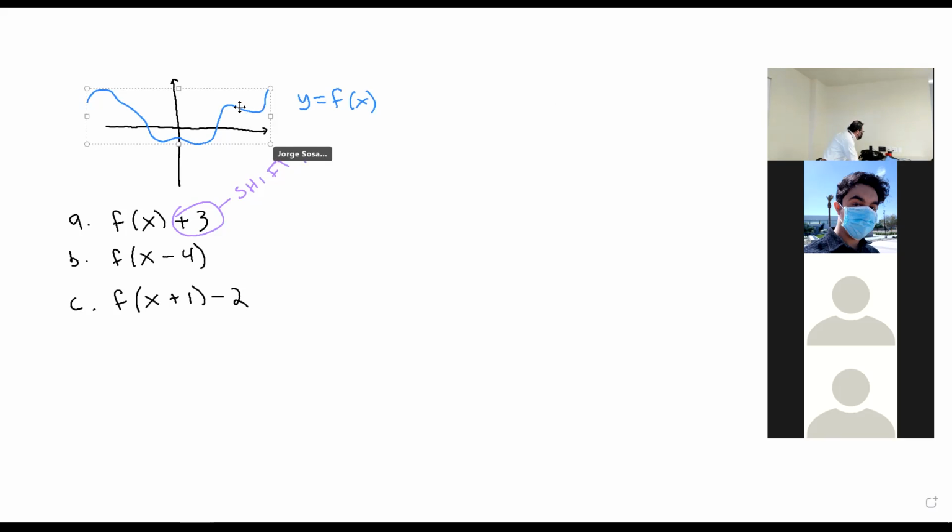So literally what we would do is that this graph, we would move it up. The reference that we've got here, we don't know exactly where that reference is crossing. We would shift this up 3 units. Let's put a reference here because we do need some sort of reference points.